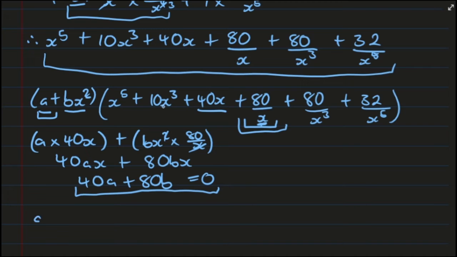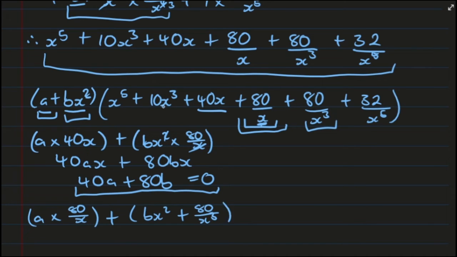So that's a times 80 over x, plus, if you multiply bx squared by 80 over x cubed, you get a term in 1 over x. So that's plus bx squared times 80 over x cubed.